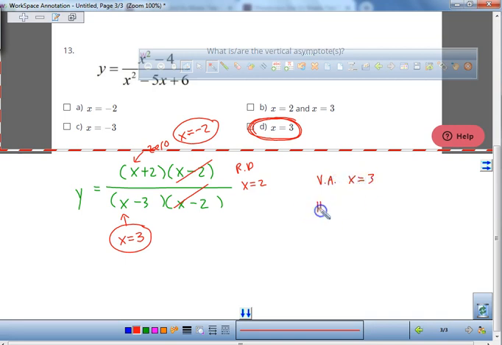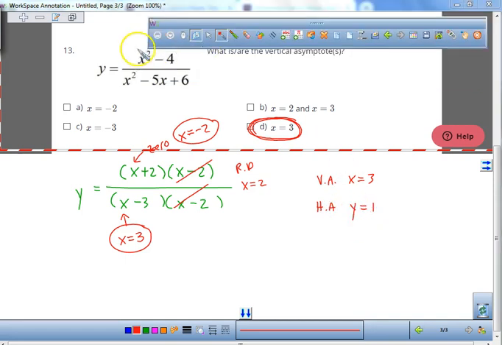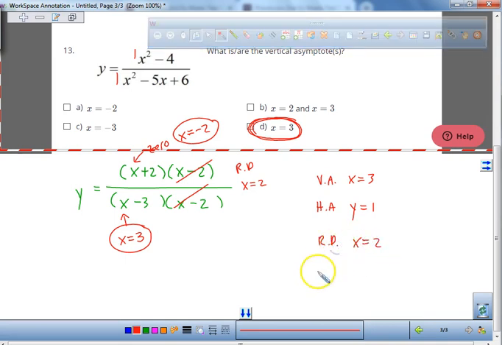We have a horizontal asymptote at y equals 1 because these powers are the same. We have a removable discontinuity at x equals 2, and we have a 0, like an x-intercept, at x equals negative 2.